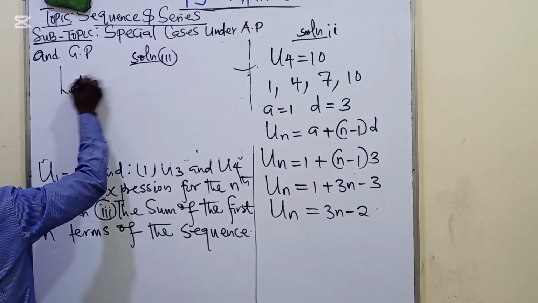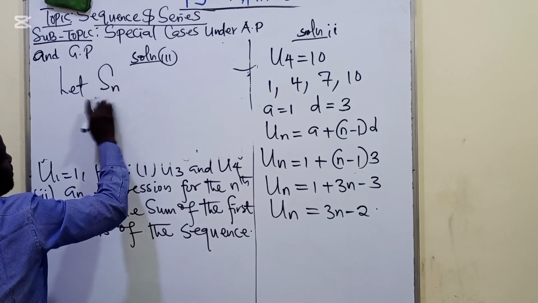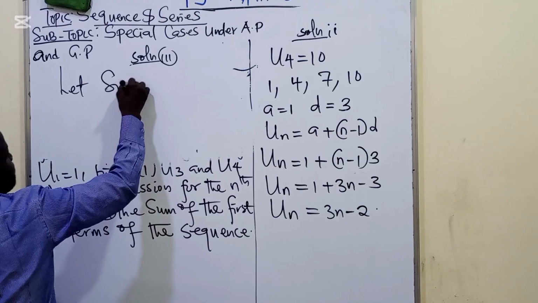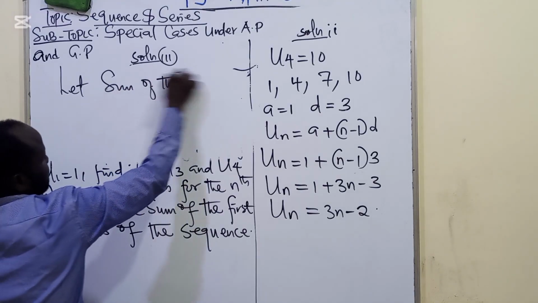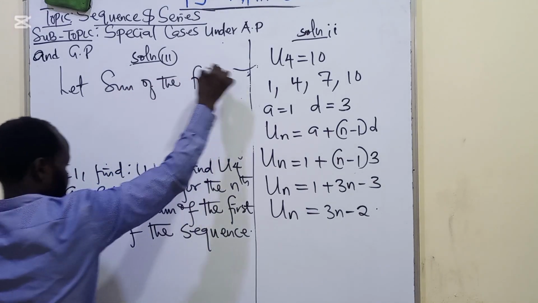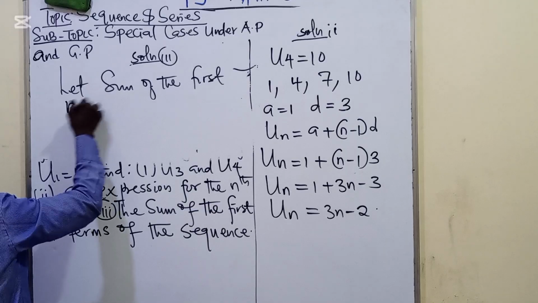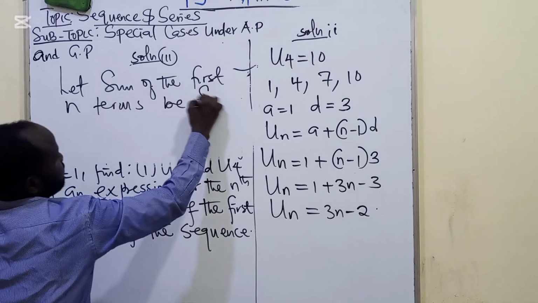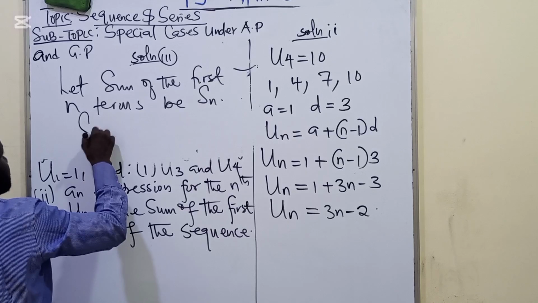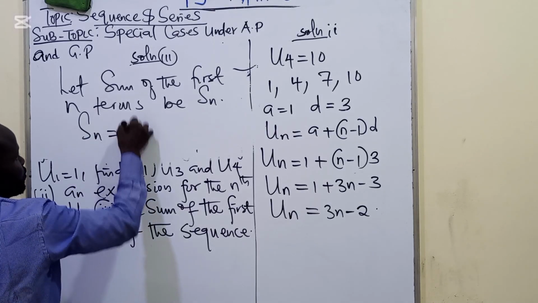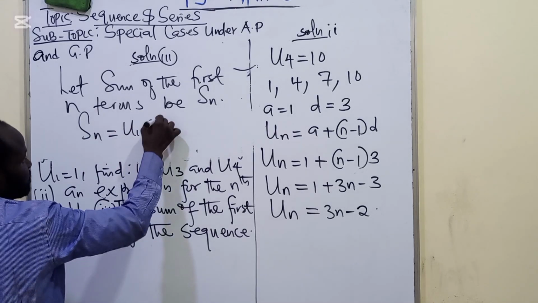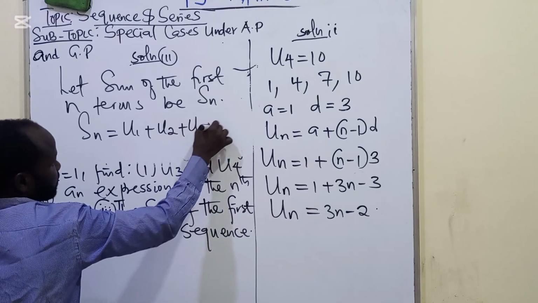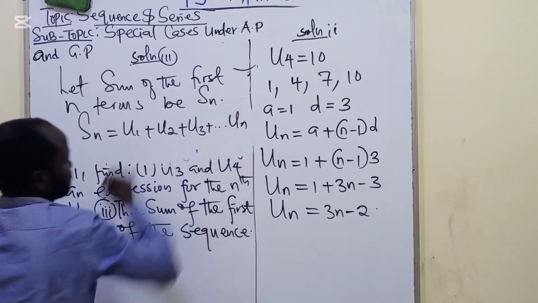Let the sum of the first n terms be this sum. Let it be the first term plus the second term plus the third term up to the nth term.